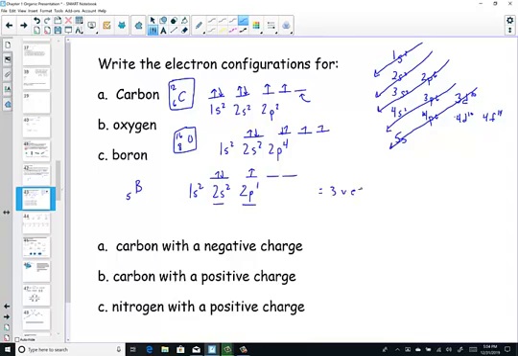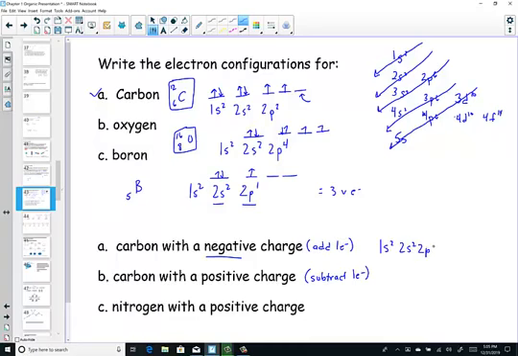What about if we see positive or negative charges? Remember that a negative charge means that it has an extra electron. If it has a positive charge, you have to subtract an electron because it lost that electron. Well, up above here, carbon as an atom started as 1s2, 2s2, 2p2.